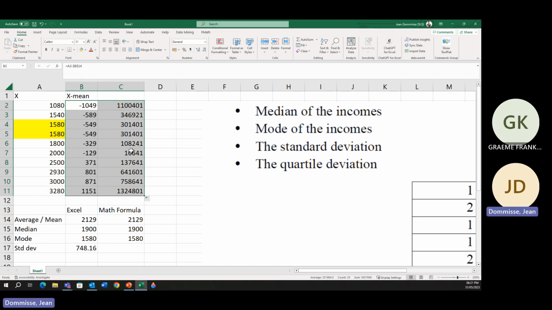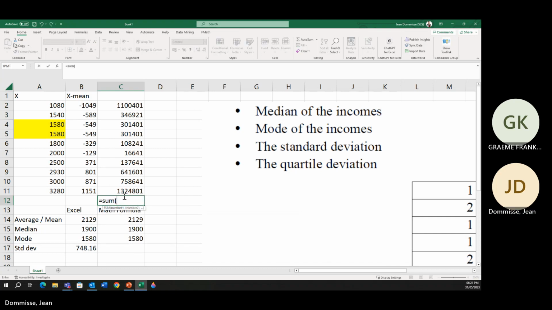Then normally what I need to do is take the sum of that and divide it by n minus 1, which is 9.